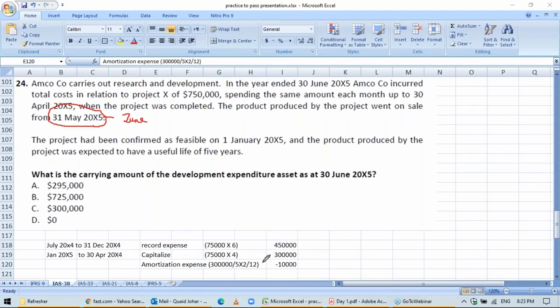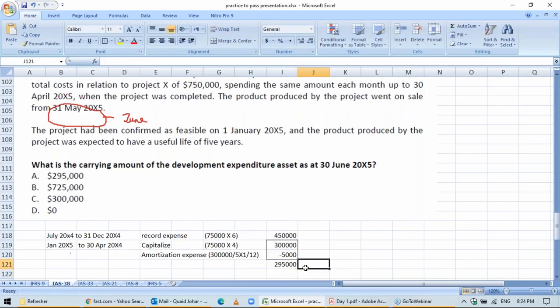So we will calculate amortization for 1 month's time, the month of June. If you calculate amortization for 1 month's time, this makes up to 5,000. So out of 3 lakh capitalized cost, we shall deduct 5,000 to arrive at 295,000.